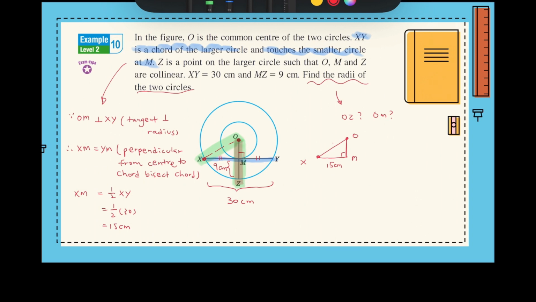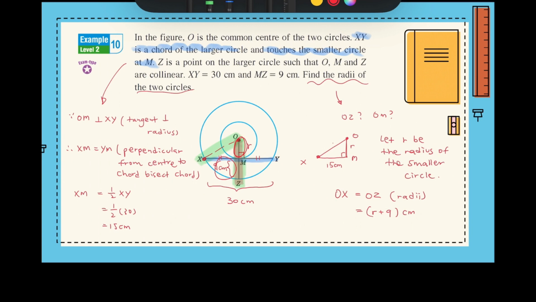So what is OZ? Perhaps we can let an unknown R be the radius of the smaller circle. Therefore, OX is equal to OZ because it's a radius, and therefore equals R plus 9 cm.